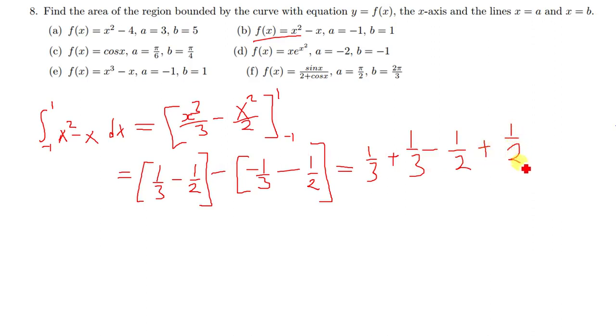I've just expanded that and paired terms, which makes it easier for me to simplify the expression. So this will give us a 0 there. Then 1 over 3 plus 1 over 3, you get 2 over 3. So this is going to be your area for the second question, and you write your unit squared this side.